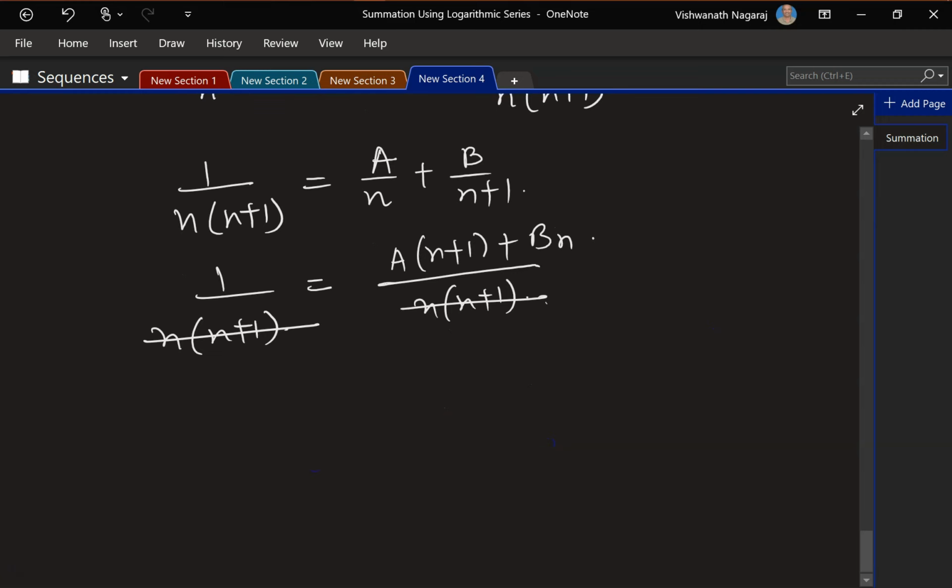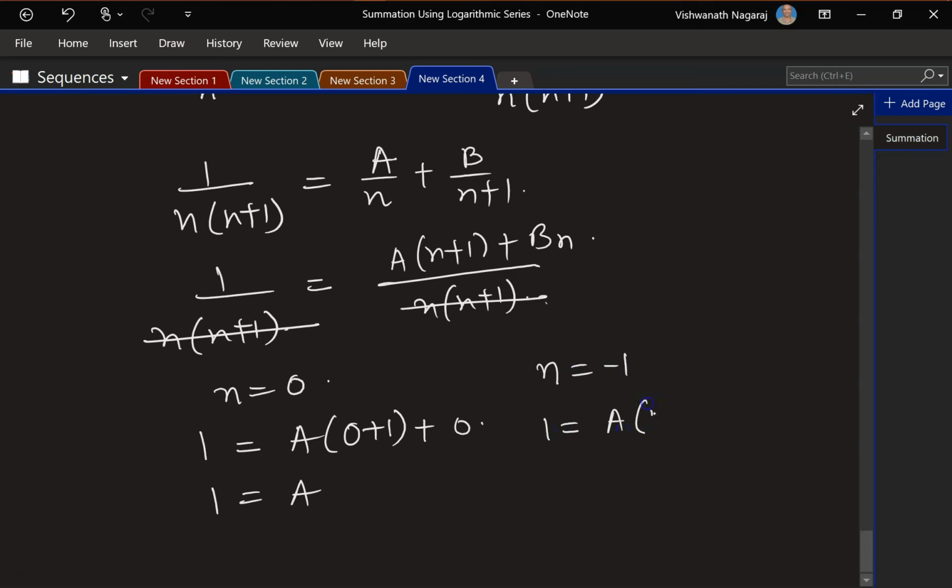So now let's say n equal to 0. If we put n equal to 0, what happens? We get 1 is equal to a times 0 plus 1 plus 0. And we get a equal to 1. Now if we put n equal to minus 1, we get 1 is equal to a times minus 1 plus 1 plus b times 1.